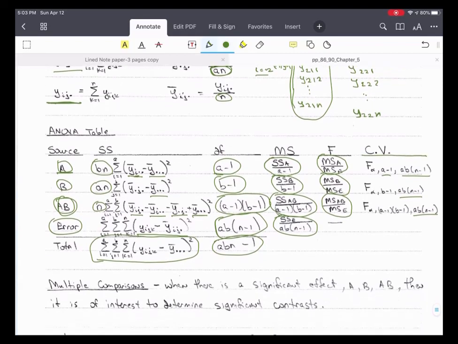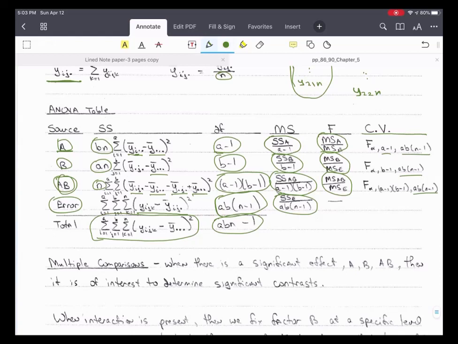All right, so once we've made the test, if there is a significant effect somewhere, whether it be factor A or factor B, then we can test for those main effects. If there's interaction, then we will want to be careful, okay?